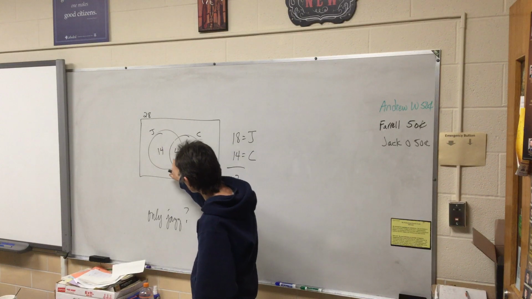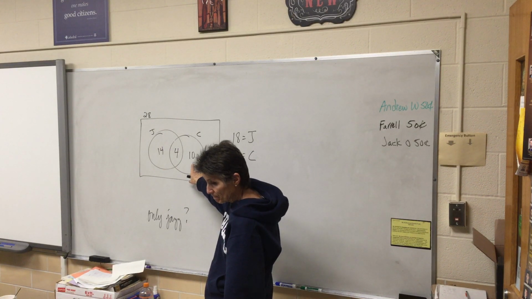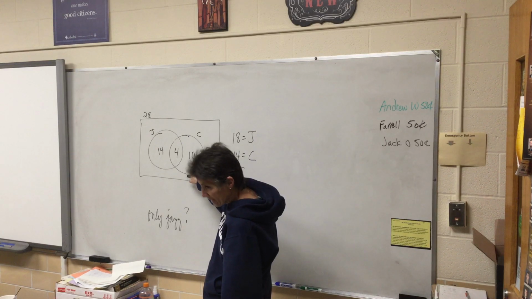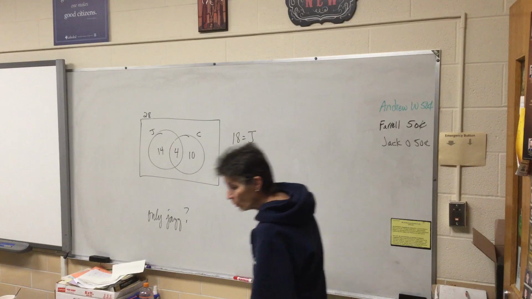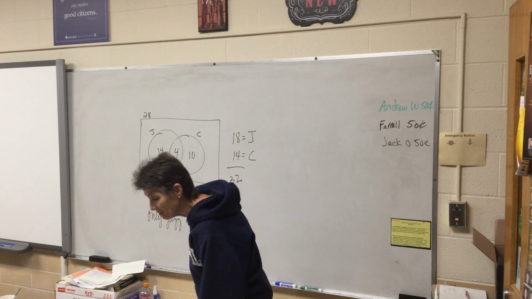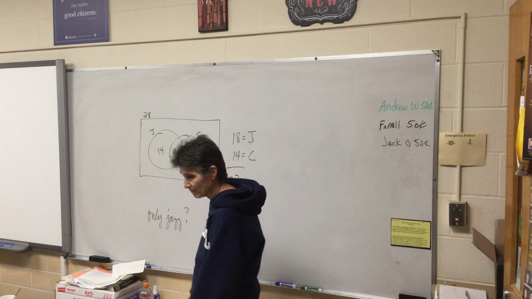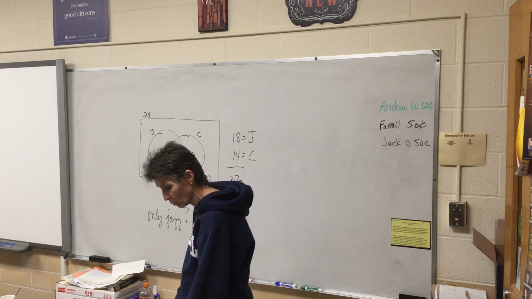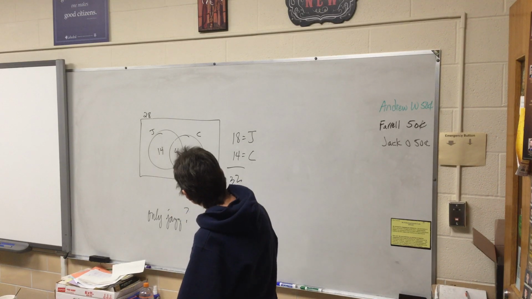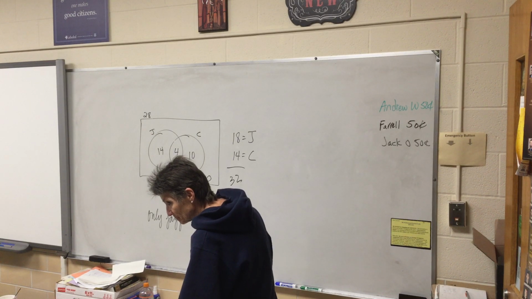Now add these numbers up, kids. What did these 3 numbers add up to? 28, which is exactly what they're supposed to add up to. We were told in this problem that everybody raised his hand. So there's nobody out here. Everybody likes one or the other or both. Does anyone have a question about that?